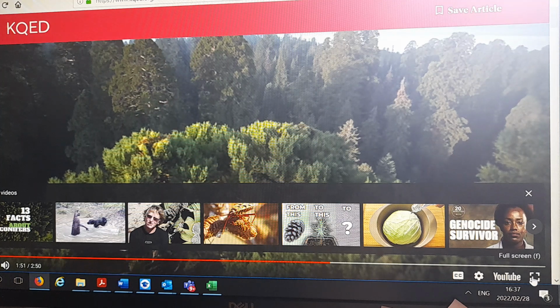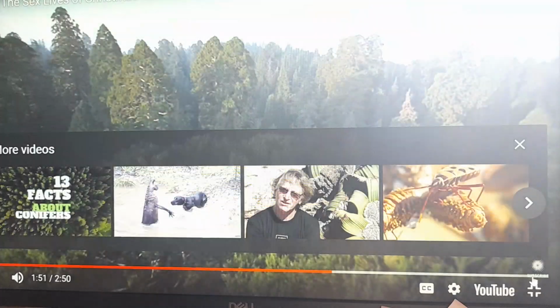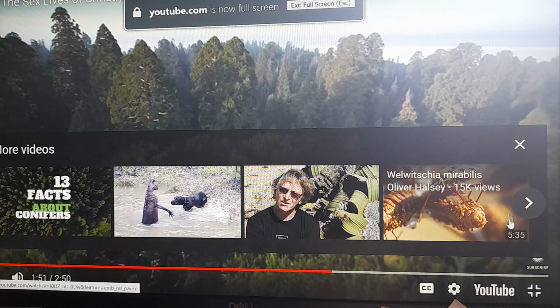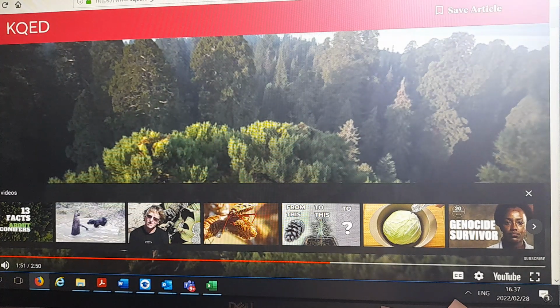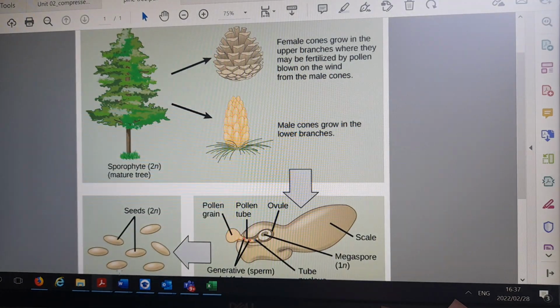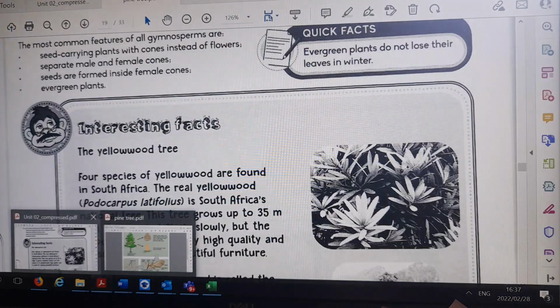I hope you've seen the female and the male cone there, and how the female cone keeps the seeds until they are fertilized, and after that it can release them, and we can have another set of trees going up.